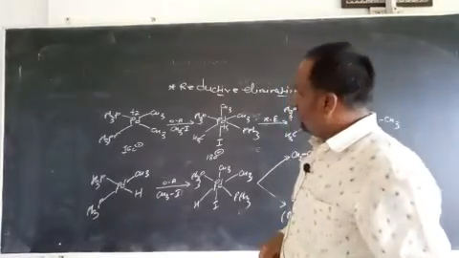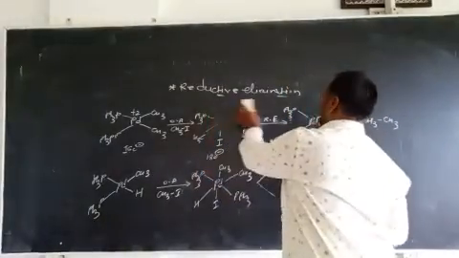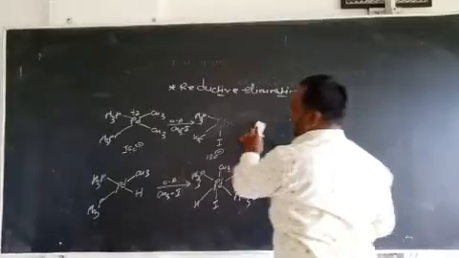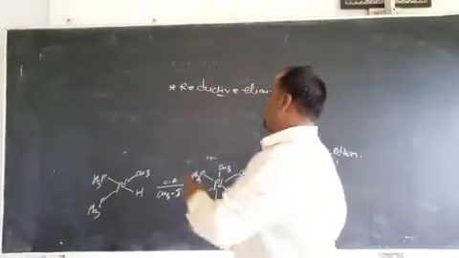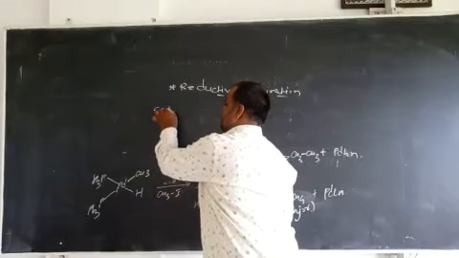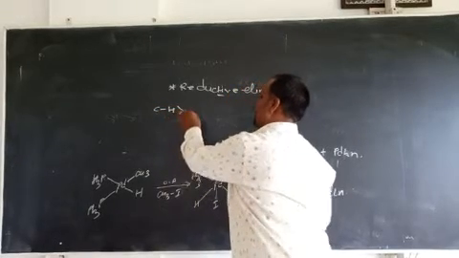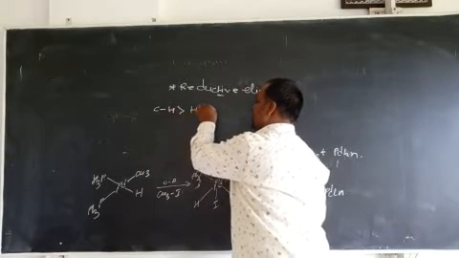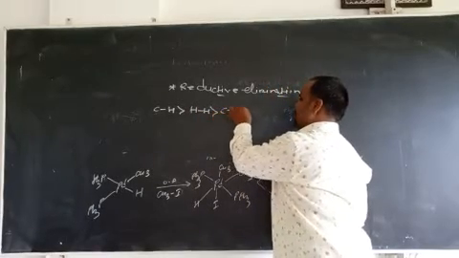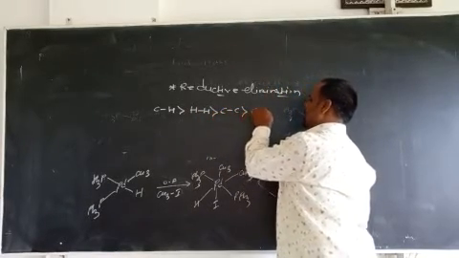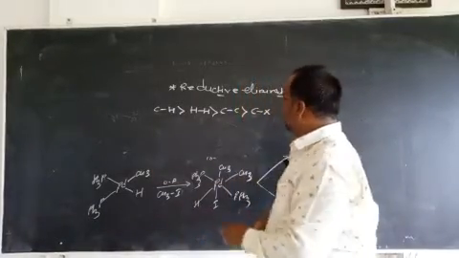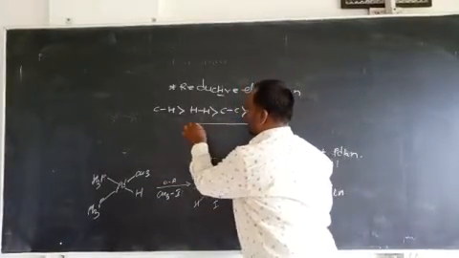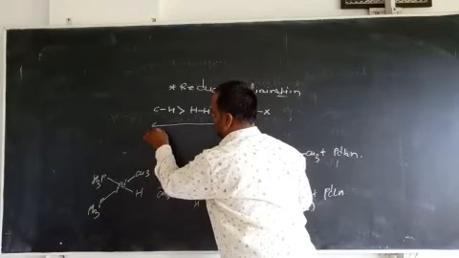So you should remember the selectivity order for the reductive elimination reaction is that first C-H, then H-H, then C-C, and then C-X. X is for halogen.